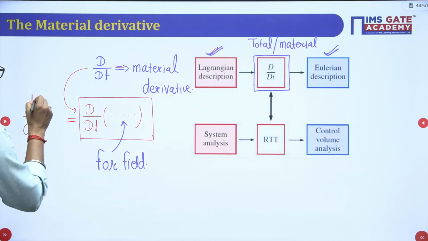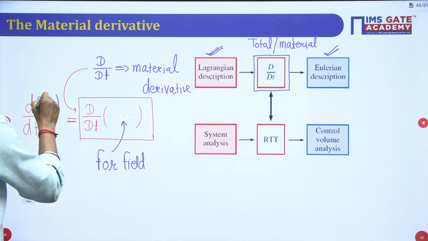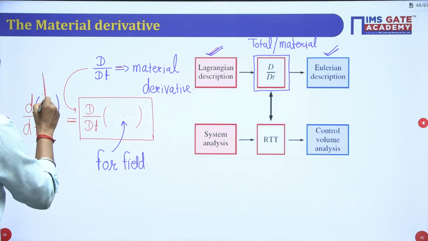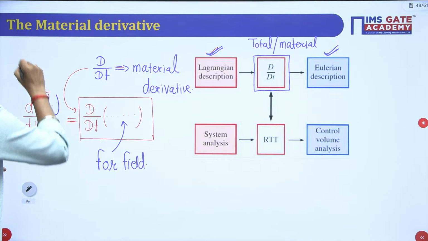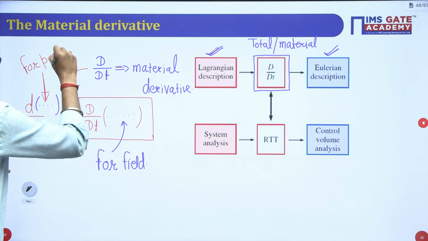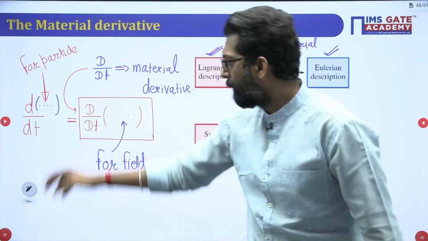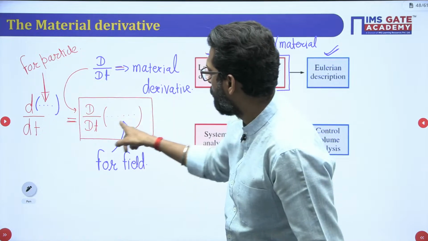But here always write: this is for the particle. So within the bracket this is for the particle, and this bracket is for the field.